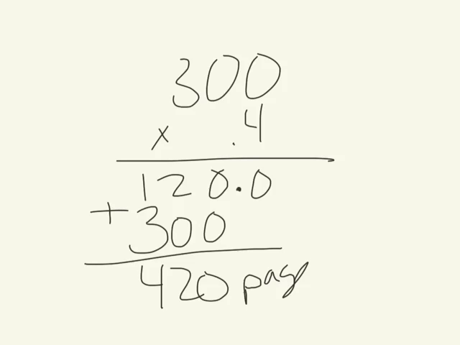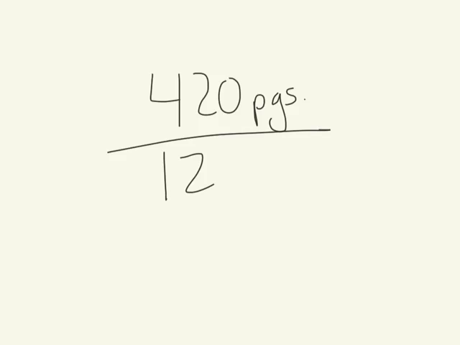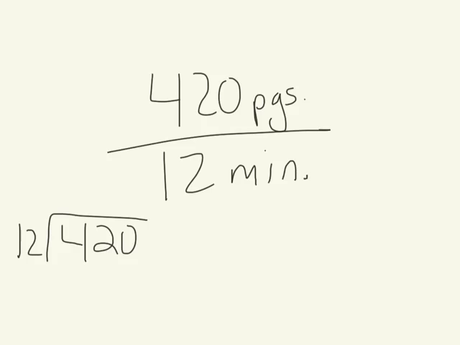So now we know that Printer 2 prints 420 pages for every 12 minutes. And we've created our second rate. Let's turn this into a unit rate. So we need to divide 420 by 12. 12 goes into 42 3 times, which is 36.